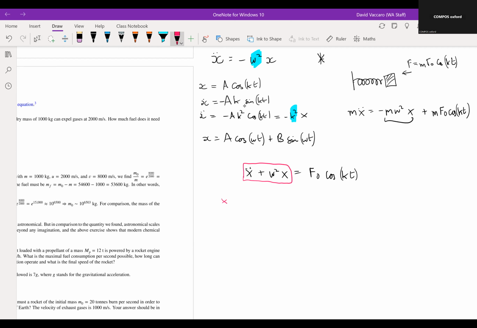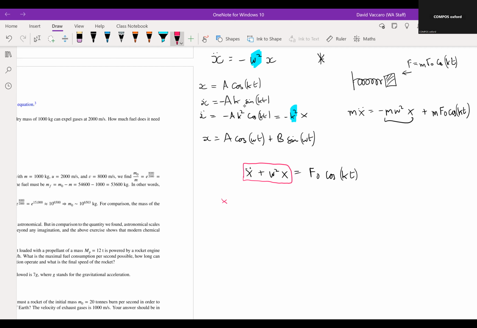Now, in order to solve this differential equation, I know that if I give the left-hand side a cos omega t plus b sine omega t, it is just going to spit out 0. Because that's the solution of the differential equation when I've got 0 on the right-hand side.